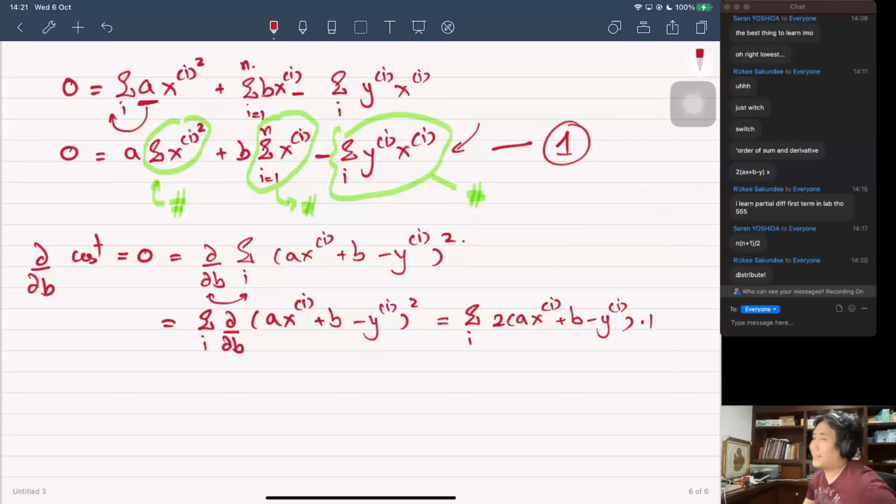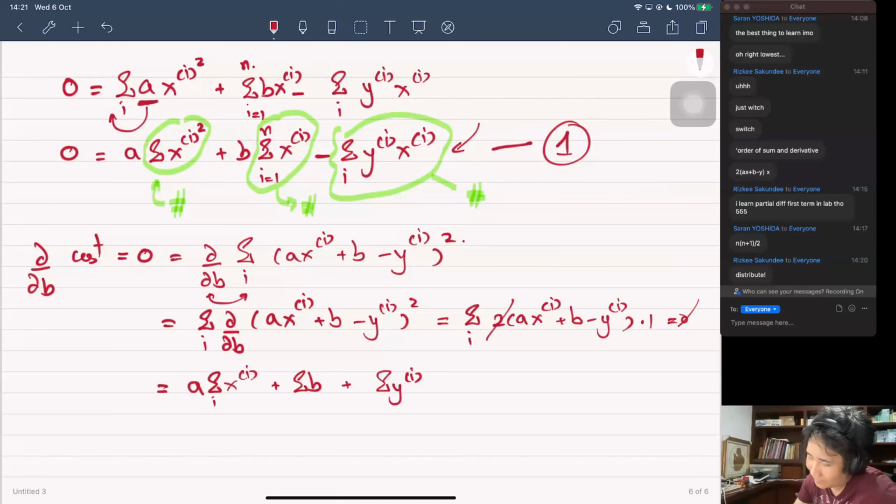Okay. And let me simplify, collect things together. You know that the 2 is gone, because this thing is equal to 0. So it is going to be the sum of xi, times a, plus the sum of b, minus the sum of yi.